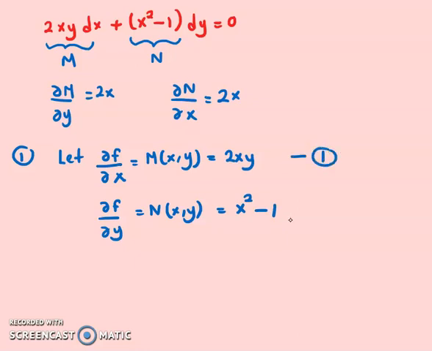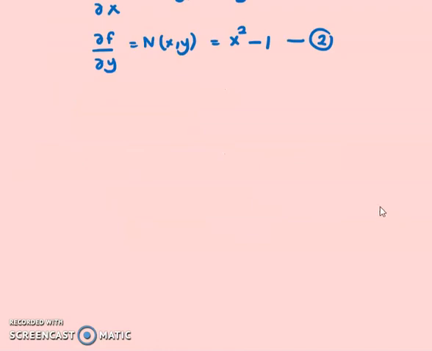Let's label them 1 and 2. You can do it either way, starting from 1 or from 2. We're going to look at how to do it starting from M and see what we get.